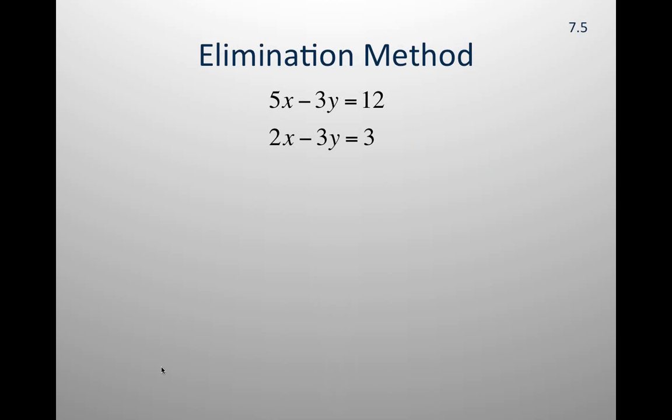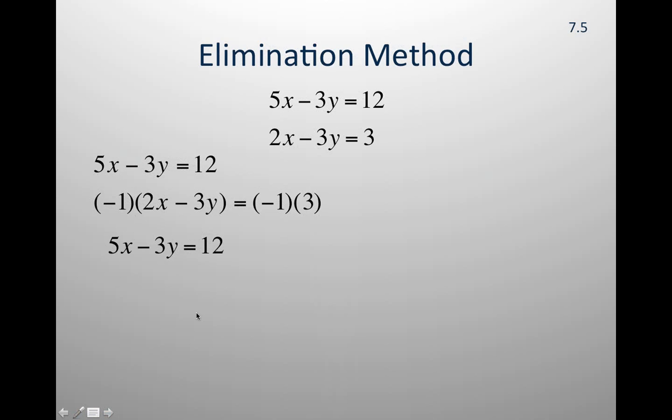On this one, we can't just add them together because we need one to be the opposite of the other one. Okay, so in this case, the top one is going to get multiplied by a negative 1. I'm sorry, in this problem, we multiplied the bottom one by negative 1.